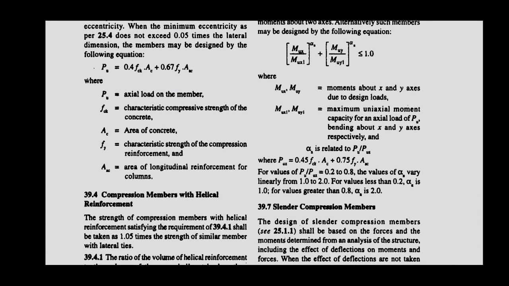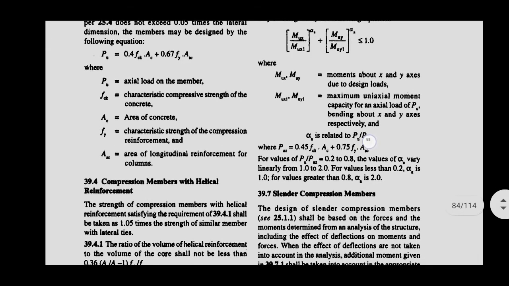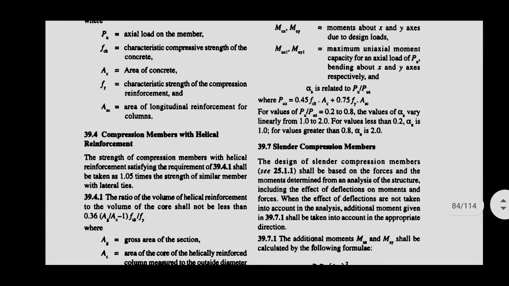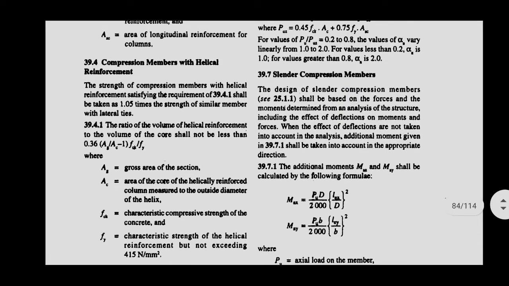Pu is equal to 0.4 fck Ac plus 0.67 fy Asc. So we have to multiply 1.05 with this. Now as per clause 39.4.1, the ratio of the volume of helical reinforcement to the volume of the core shall not be less than 0.36 into (Ag by Ac minus 1) into fck by fy.